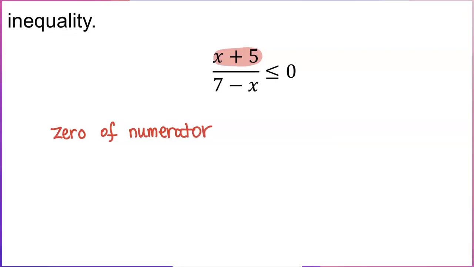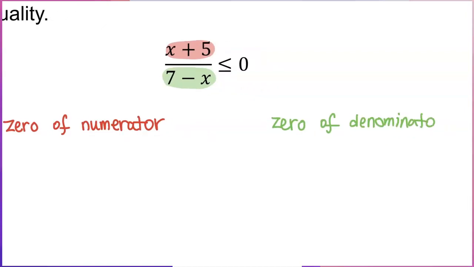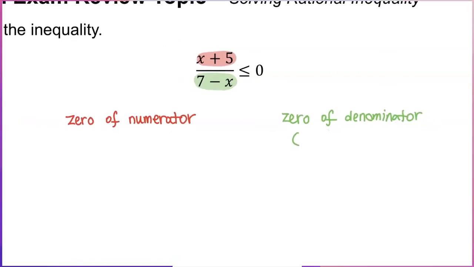Also, we will find the zero of the denominator. Note that zeros of denominators will always have an open circle. Always plot an open circle.